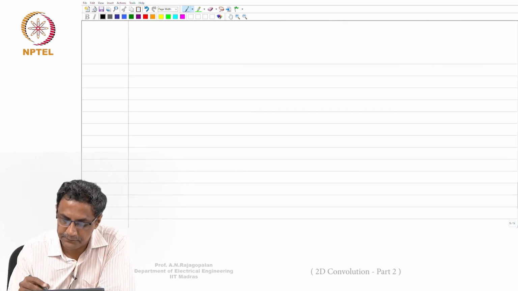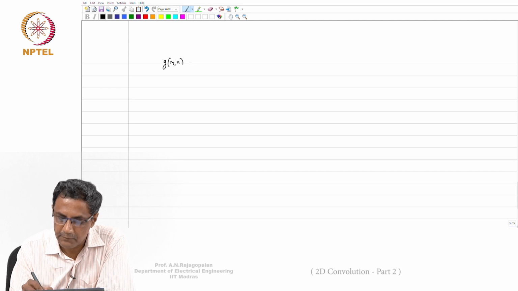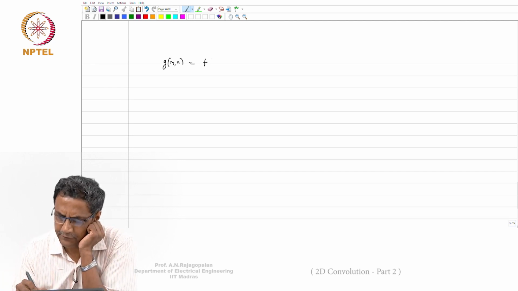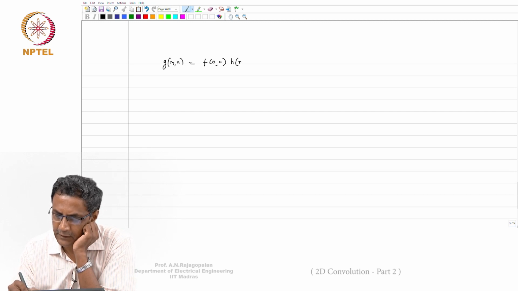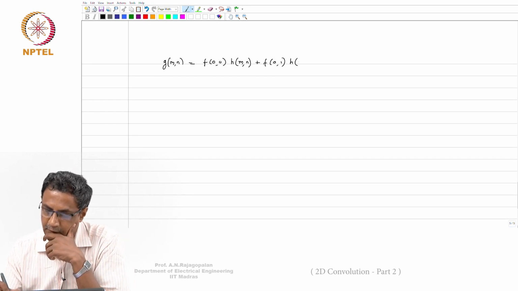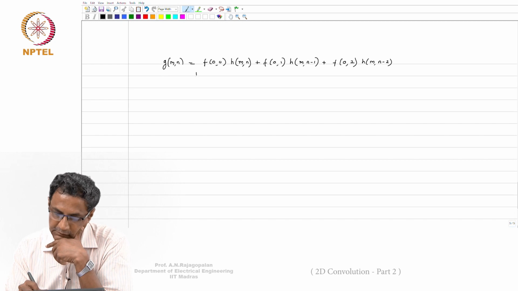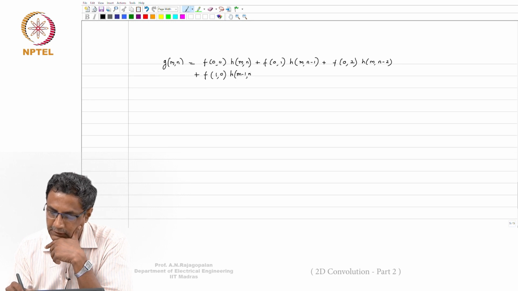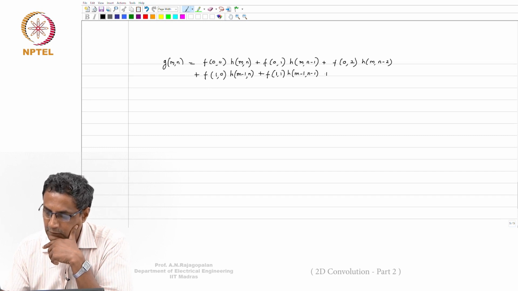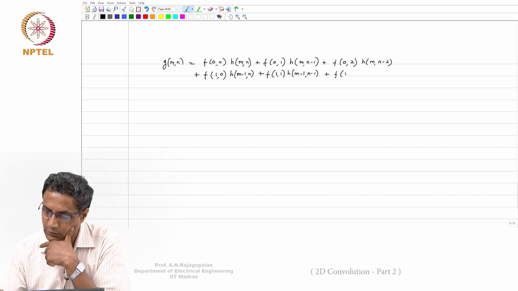And let's write this down. So what is it? We have g of m comma n is equal to f of 0 comma 0, h of m comma n, plus f of 0 comma 1, h of m comma n minus 1, plus f of 0 comma 2, h of m comma n minus 2, plus f of 1 comma 0, h of m minus 1 comma n, plus f of 1 comma 1, h of m minus 1 comma n minus 1, plus f of 1 comma 2, h of m minus 1 comma n minus 2.